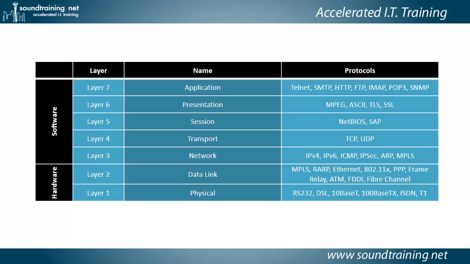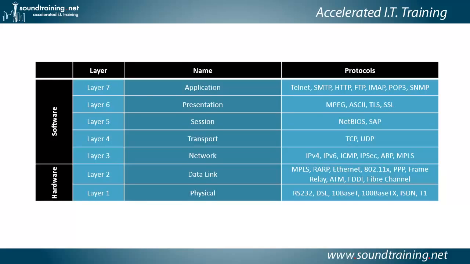IPv4, IPv6, ICMP for things like ping, IPsec, ARP, address resolution protocol, and MPLS, multiprotocol label switching, operate at layer 3. Now, MPLS is a little tricky because it really lives in between layers 2 and 3, so that's why I listed it in both layer 2 and 3. At layer 2, then, was mentioned MPLS.